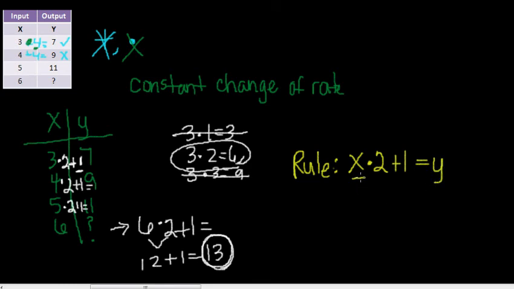Anytime you've got a variable next to a number and you are multiplying, you write the number first and then the variable. So it should say 2x plus 1 equals y, or y equals 2 times x plus 1. Notice I didn't have to put the multiplication sign in, because any time they're squished together like that, you should assume you are going to multiply.